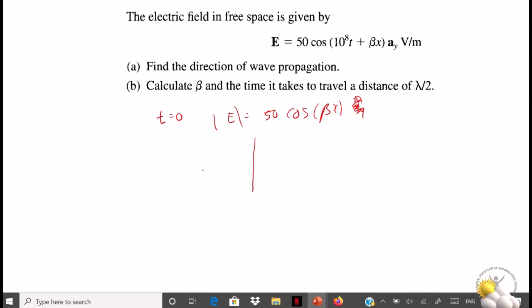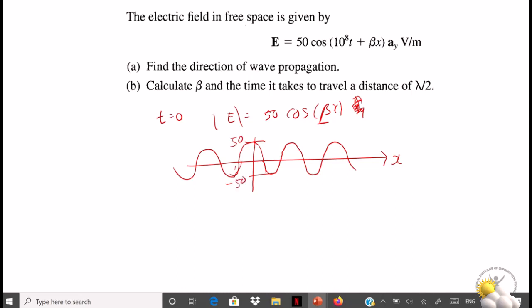If I draw it, it's simply a cosine wave. So this is x, it's not time, it's x. Along the x-axis, the magnitude is oscillating between 50 and minus 50, and it's spatially in this format at t equal to 0.